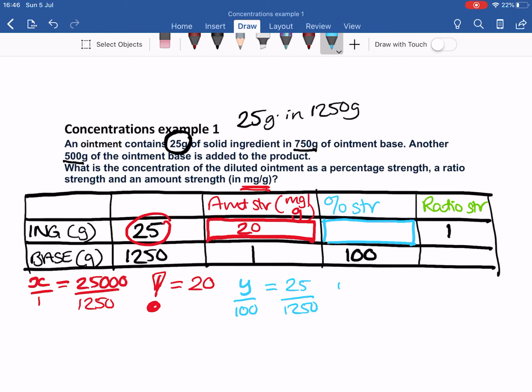We rearrange our equation, so we get Y equals 25 times 100 divided by 1250, which means that Y is equal to 2. So the answer there is 2%.